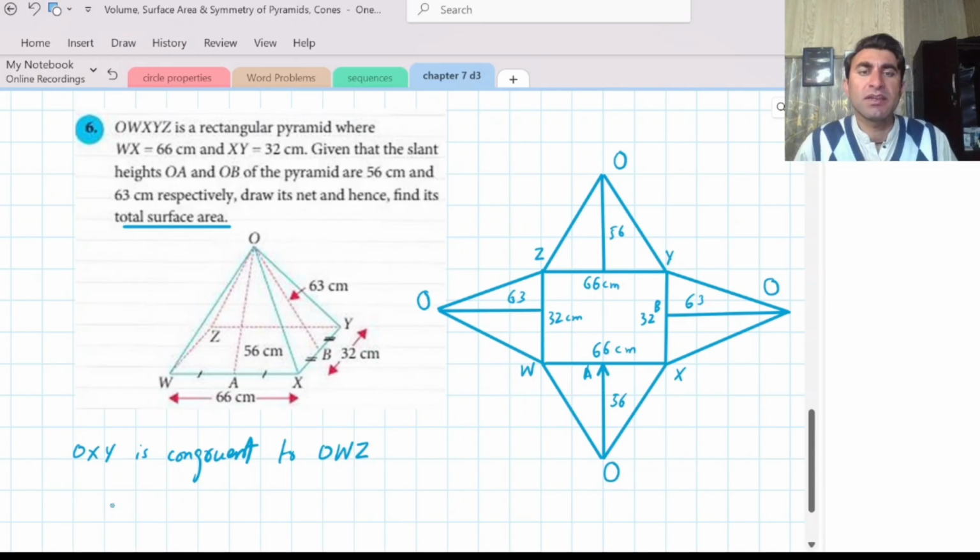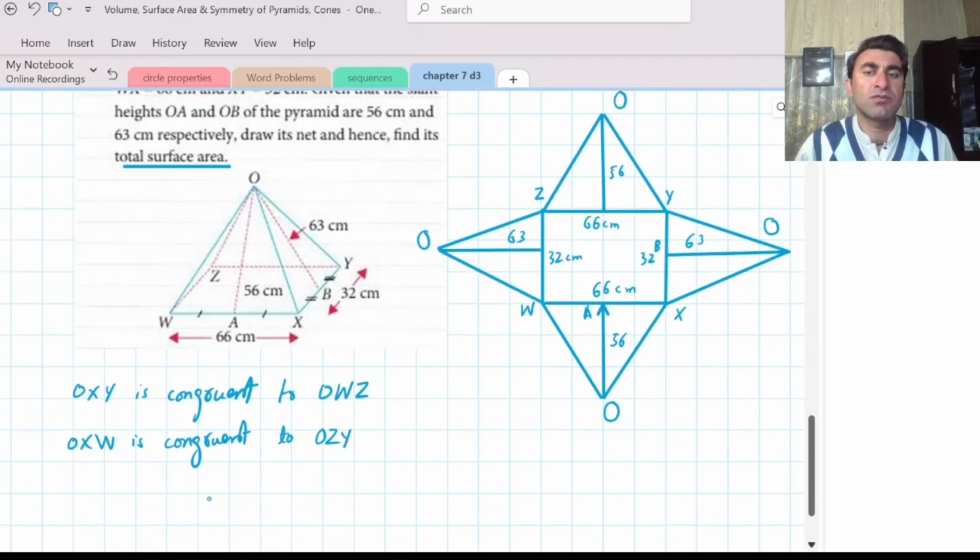And in a similar manner, the triangle OXW is congruent to triangle OZY and their areas must also be equal. Now we start finding the areas and we will start with the area of the base.